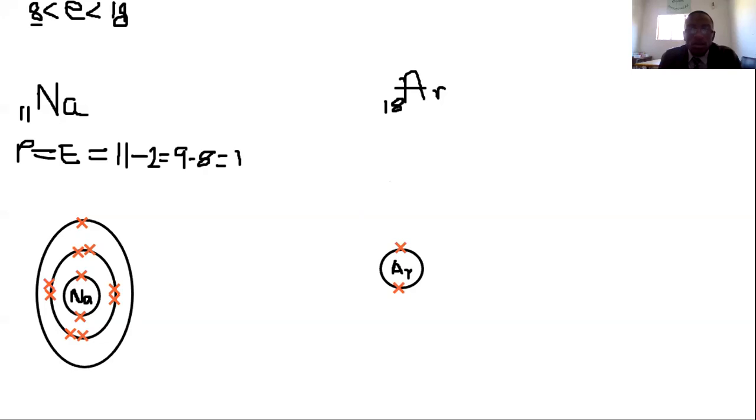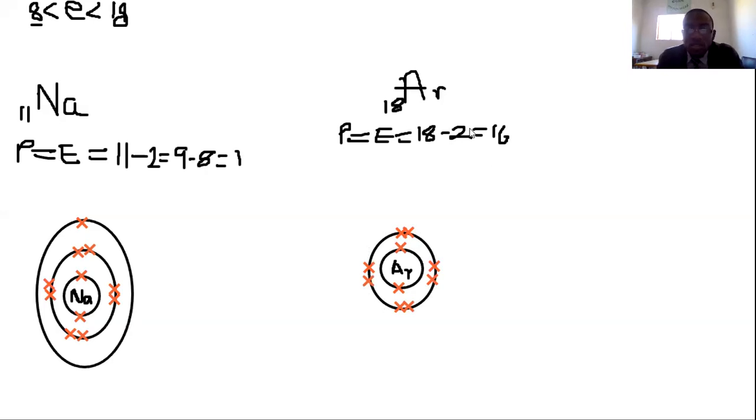So what happens is your P, which was equal to the E, is 18. When you subtract the 2 from the 18, you remain with 16. And you know that the second shell can hold a maximum of 8. So we put 8 electrons in the second shell: 1, 2, 3, 4, 5, 6, 7, 8.